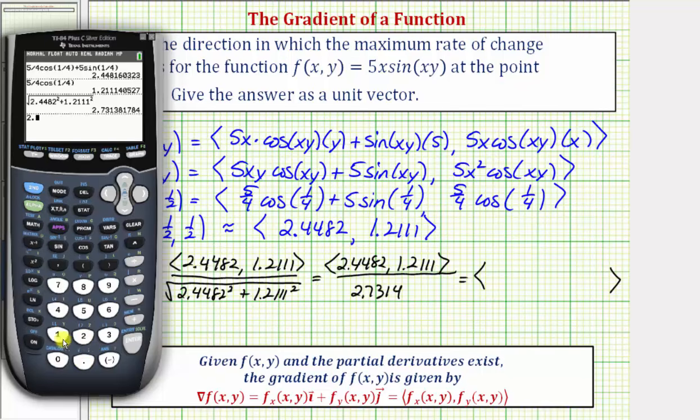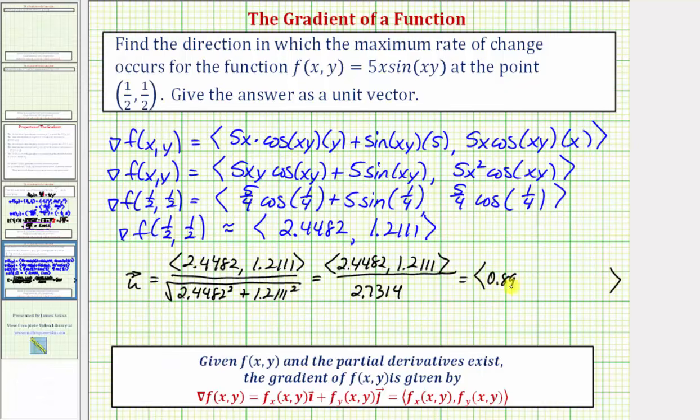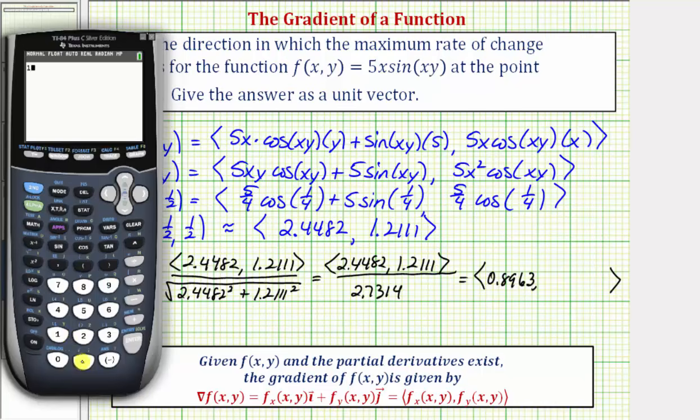So we have 2.4482 divided by 2.7314. Enter. So approximately 0.8963 for the x component. And now for the y component, we have 1.2111 divided by 2.7314.